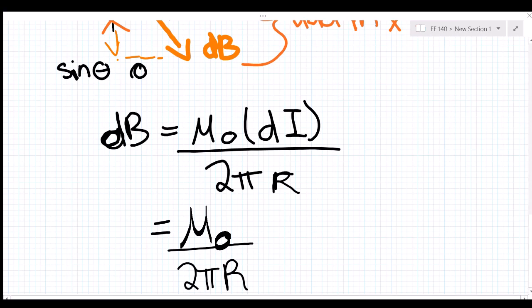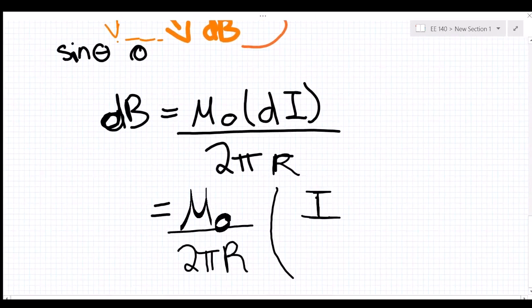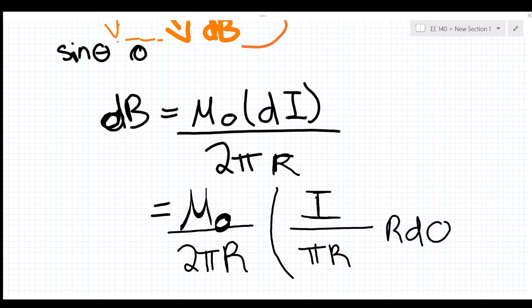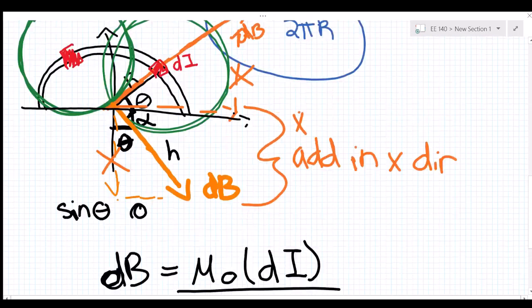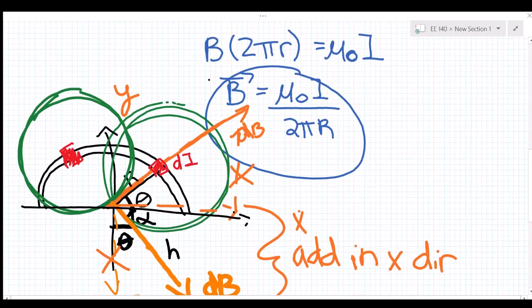Our dI, our tiny element, carries a current defined as the current over the arc length, which is a semicircle, so it would just be pi R, multiplied by our tiny element's arc length, which is R d theta.